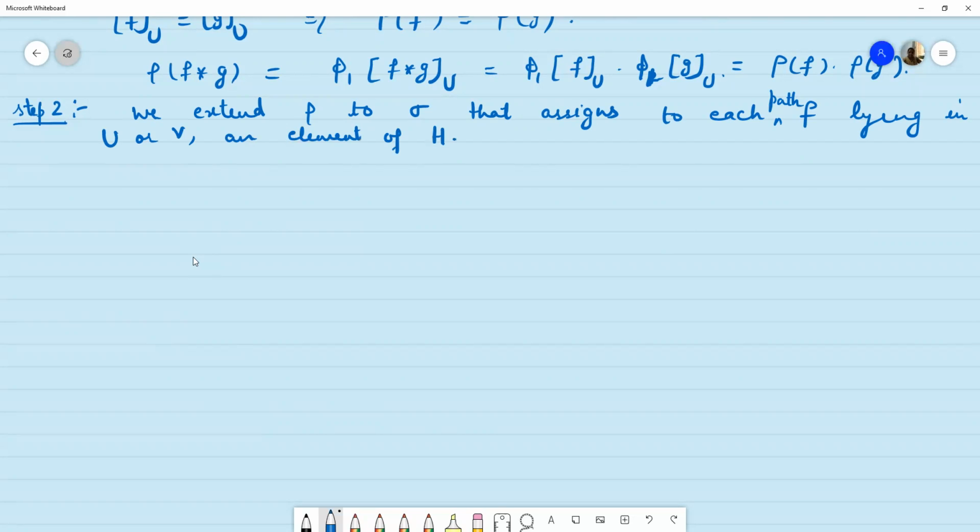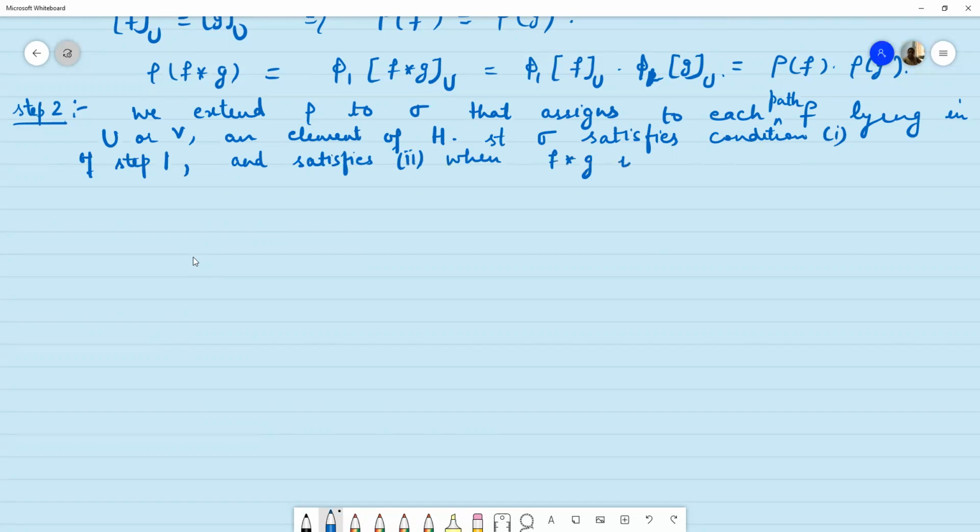The rho assigns to each closed path F lying in either U or V an element of H, and we will prove that this sigma is defined in such a way that it is an extension of rho, and also this map sigma satisfies condition 1 of step 1, and it satisfies condition 2 whenever F star G is defined.